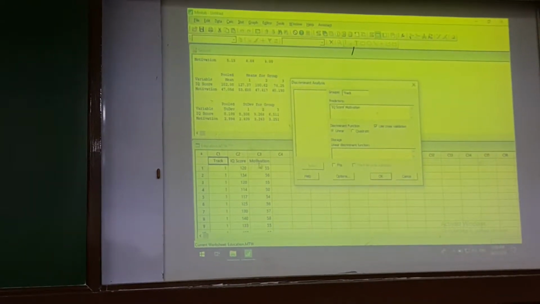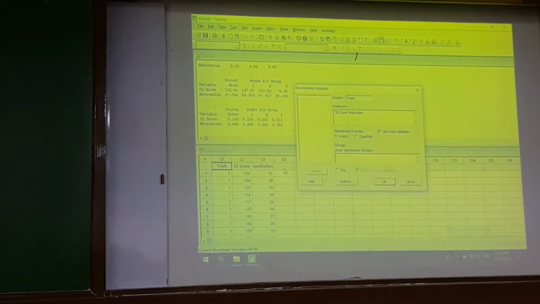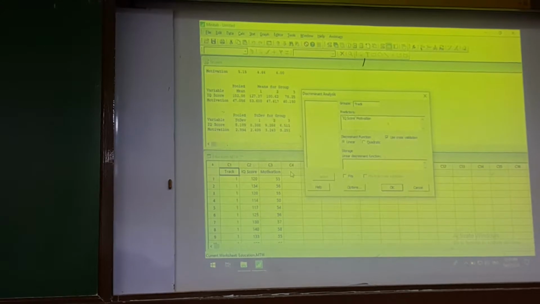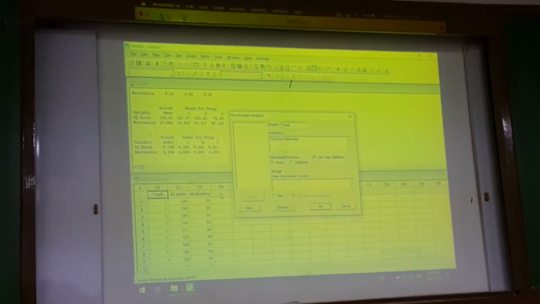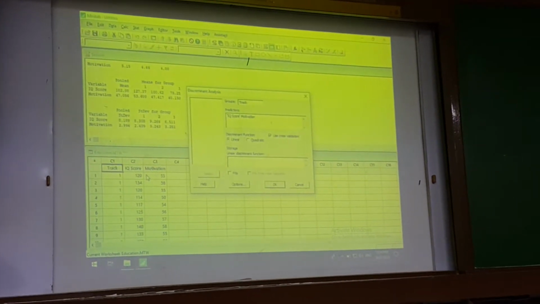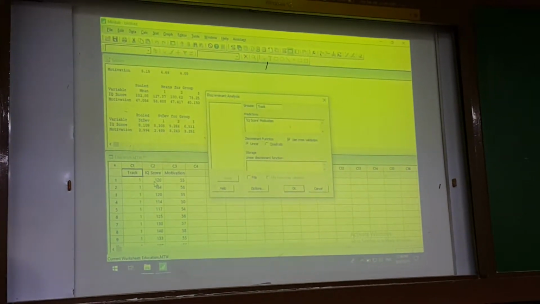Let's say in your factors you have another one, allowance. And you believe the relationship involves the squared value of allowance. For that, click quadratic. But given that it is a general measure like IQ score and no transformation will happen, just click linear.